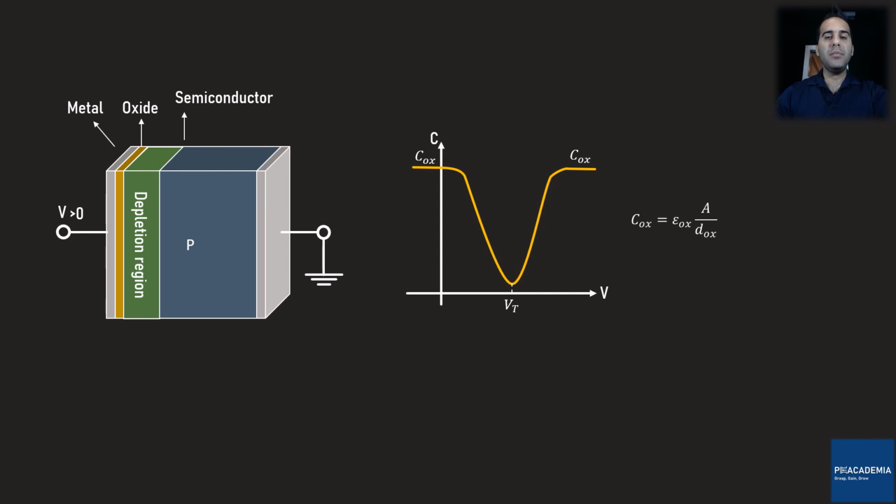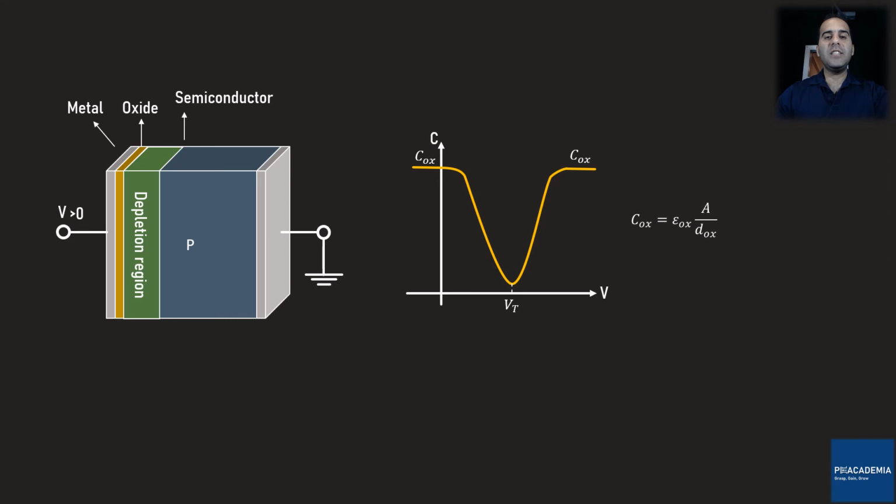Since in the depletion region there are no mobile charge carriers, it behaves as an insulator layer. So it is clear that in this case, the overall insulation layer gets thicker, and that reduces the capacitance. This capacitance reduction continues until the threshold voltage VT.